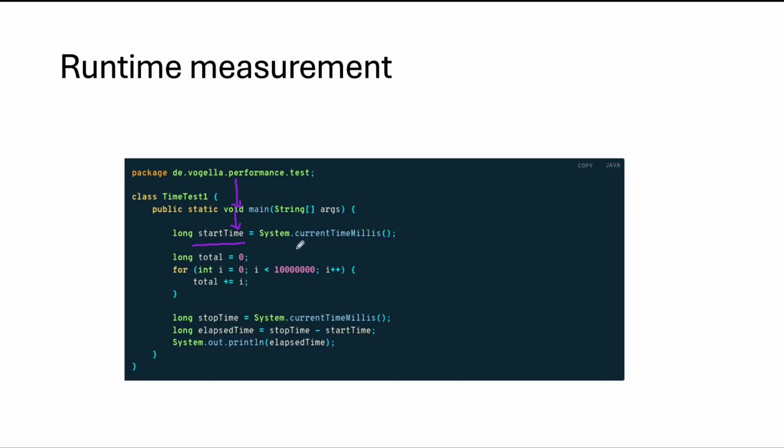Okay, in your program, if you are calculating the total time taken by your program, it should always be the first line. Start time is always the first line. Okay. Next, we will have the stop time. After your logic has been implemented, you check the stop time. Then do the difference and then print the difference time.